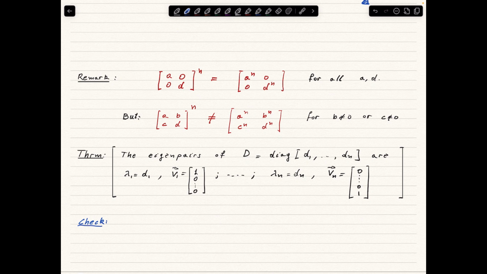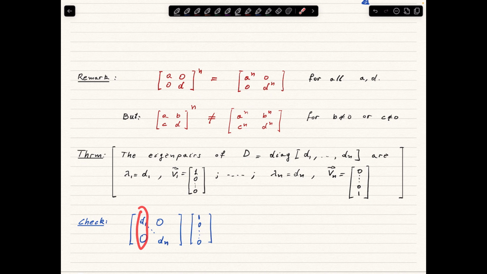For example, let's grab the first eigenvector. Our matrix here is d1 all the way up to dn, with zeros everywhere else, and then we multiply by the vector 1 and then 0 all the way up to the end. So when we do this product of this column with all these rows, these zeros are going to kill everything that is here, and only the first column is going to survive.